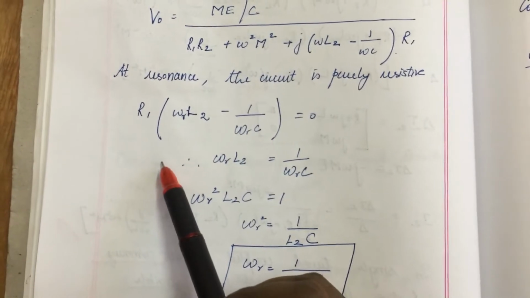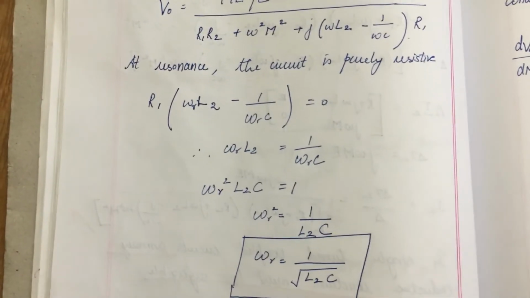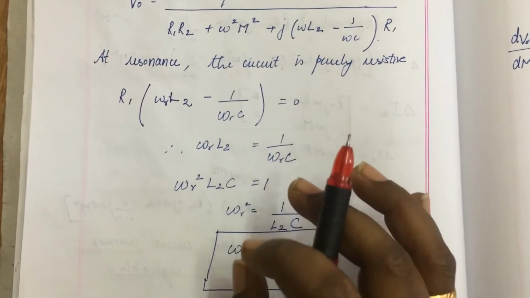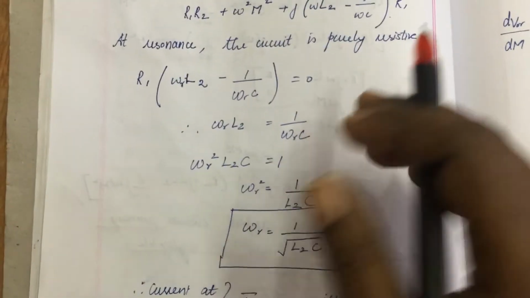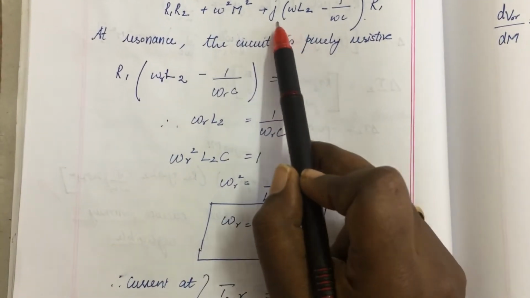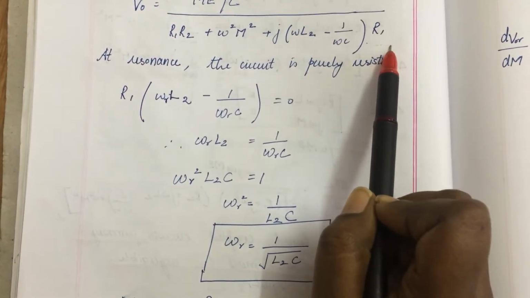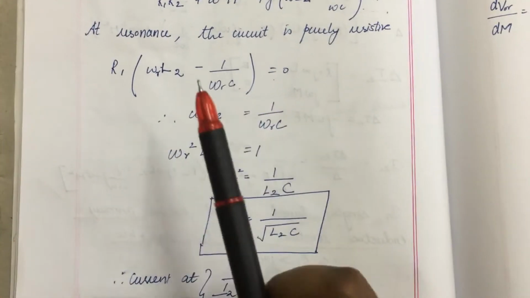Now the condition says that at resonance the circuit becomes purely resistive. No more inductance or capacitance should be in the circuit. So to attain that condition, we take this term and equate it to 0 to make it purely resistive.